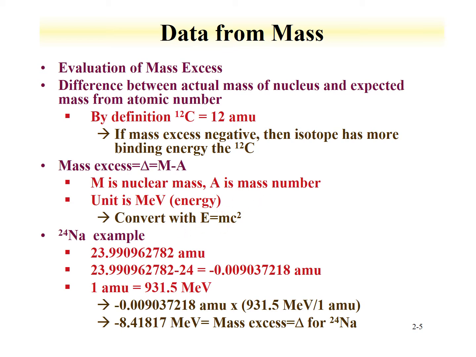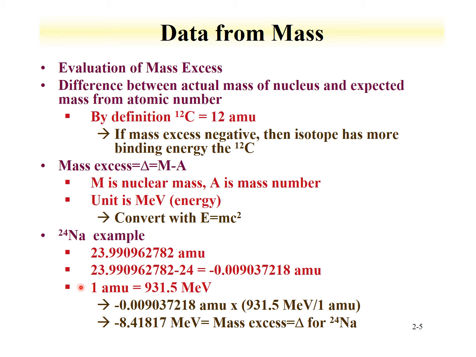As an example of what we mean by mass excess, let's look at sodium-24. If we look at sodium-24, the atomic mass is listed here. It's just a little bit under 24, right? So 23.9909, etc., minus 24 is equal to this very small negative number. And I already gave you this value that we're going to convert from atomic mass units into energy.